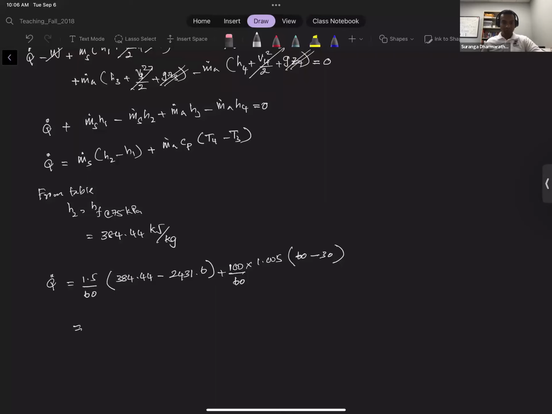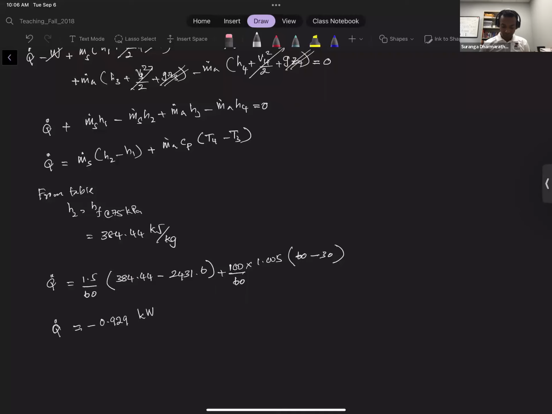Again, you get negative 0.929 kilowatts.